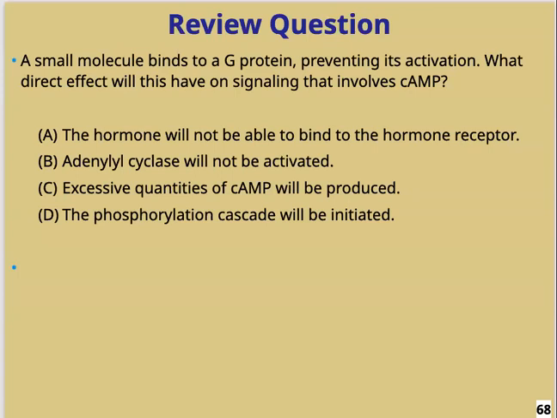Here's a review question for you. A small molecule, aka hormone, binds to a G protein, preventing its activation. What direct effect would this have on signaling that involves cyclic AMP? Take a moment to pause this video and think through this question.